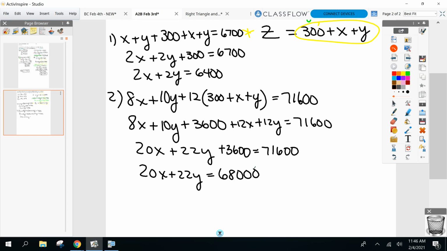All right, look at the two equations we just cleaned up. 2x plus 2y equals 6,400. And the second equation you just cleaned up was 20x plus 22y equals 68,000.